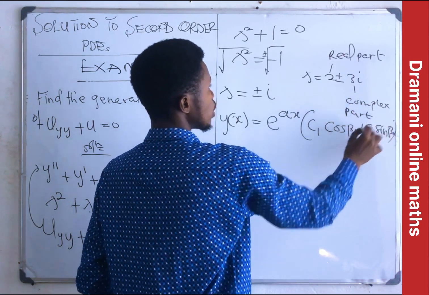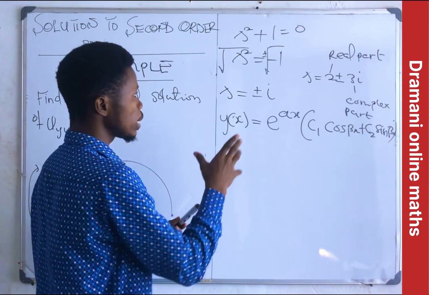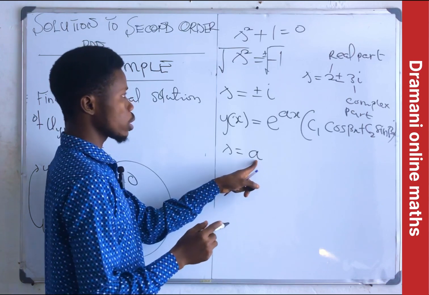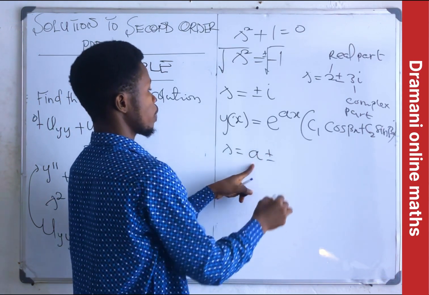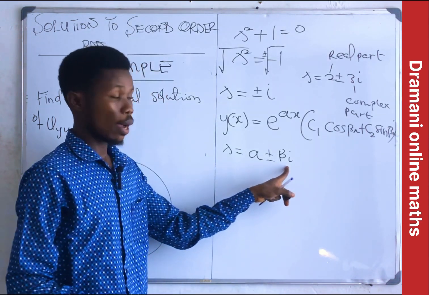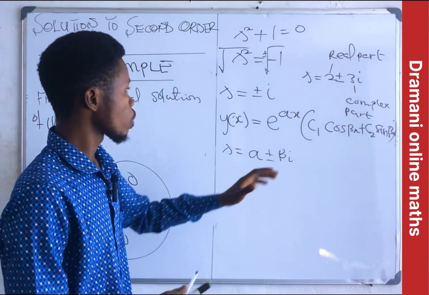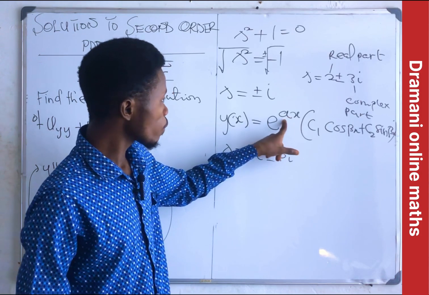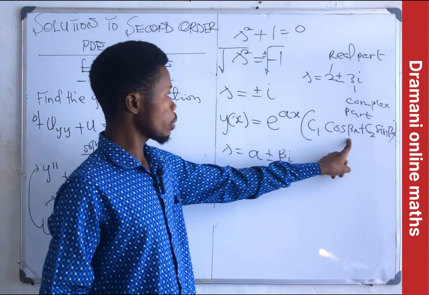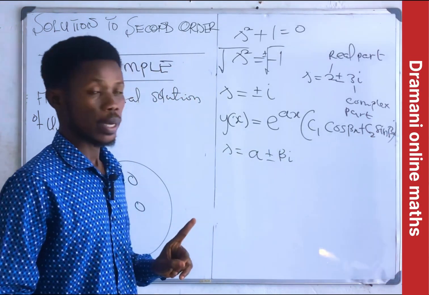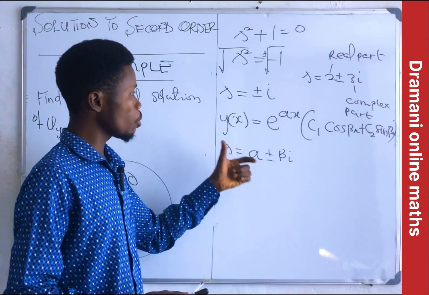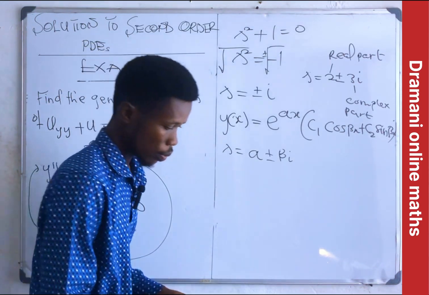So our alpha is treated as the real part, and plus or minus beta i is treated as the complex part. What it means is that the alpha we are seeing here is the real part, and the beta we are seeing here is the complex part. Is that okay?